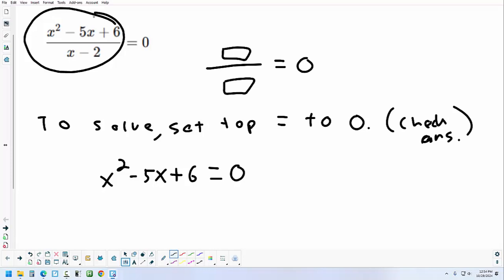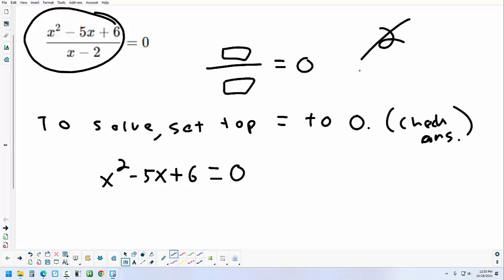Because if you plugged in 2 for x, what would that cause to happen? You'd get 0 in the bottom, and we can't have that. So the only number we hope we don't get is 2. What happens if we do get 2? If we do get 2, then we have to cross that out and say it's not the answer. Okay? So let's try this and see what happens.